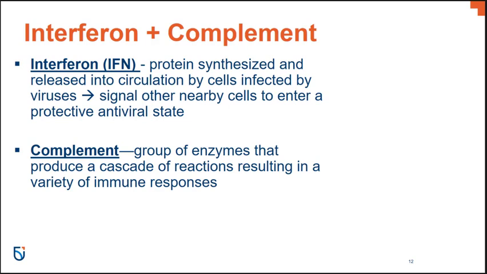There's a lot more detail on the complement system than what we go into in normal anatomy and physiology, but in other courses, altered physiology, pathophysiology, that's when you'll learn a lot more about this complement cascade. And so we can collectively refer to both interferons and complement proteins as being protective proteins.